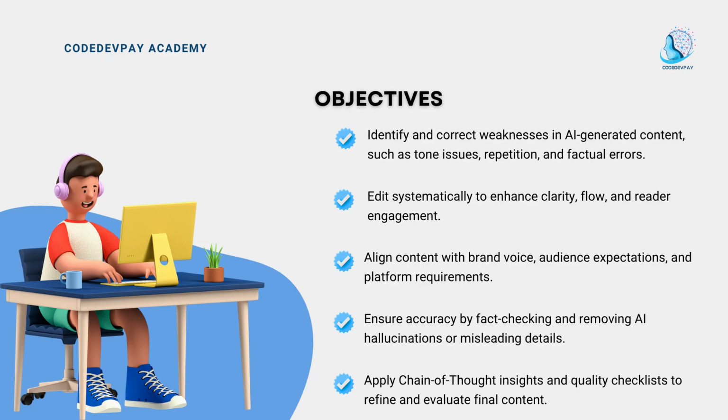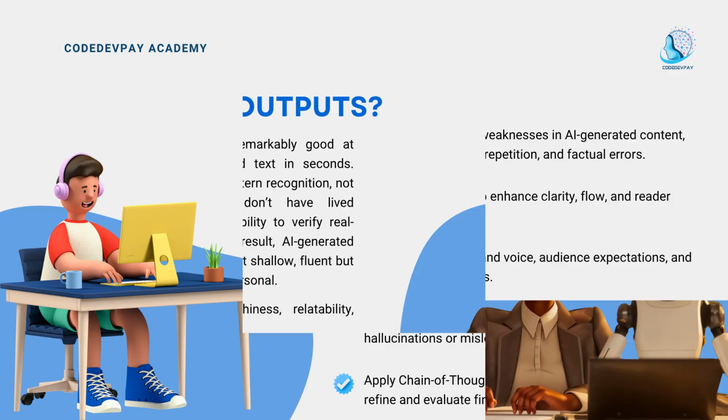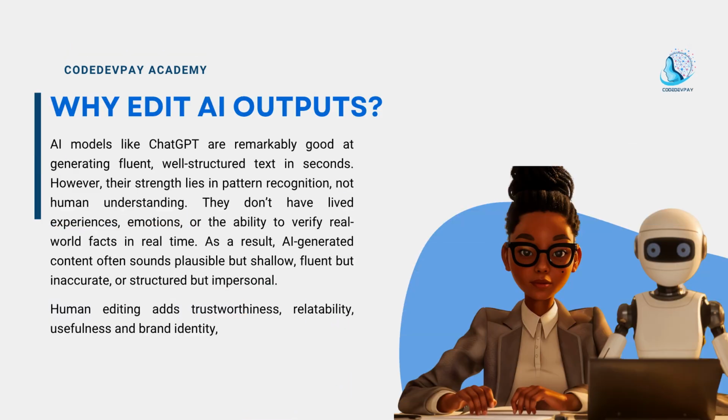Now, let's dive in. So, why should we edit AI outputs? AI models like ChatGPT are remarkably good at generating fluent, well structured text in seconds. However, their strength lies in pattern recognition, not human understanding.